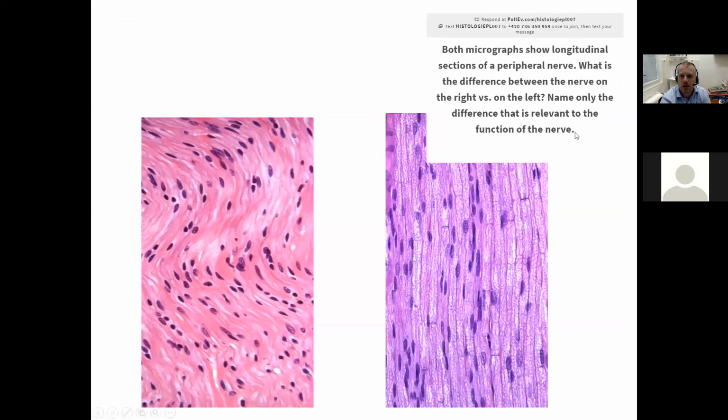Next one. You can see two histological sections through a peripheral nerve.